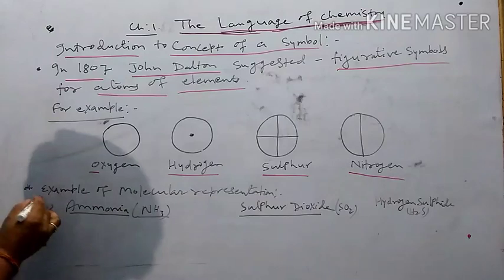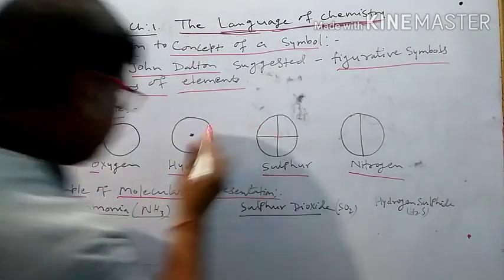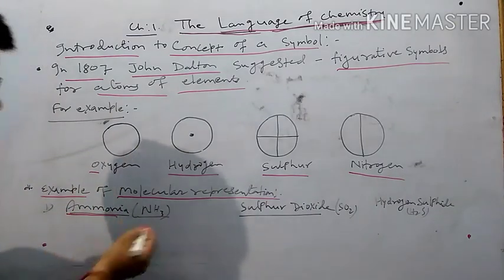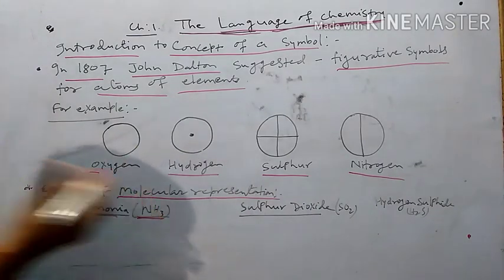What is an example of molecular representation? Suppose ammonia, whose symbolic formula is NH3.